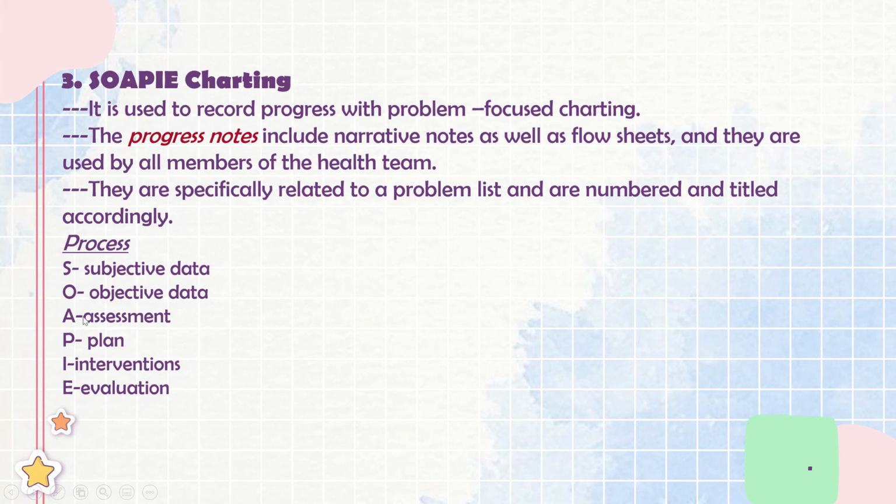Okay? Pero kung titignan nyo guys, assessment, parang included na talaga na dapat dito, di ba? Si subjective and si objective. Pero dito kasi, in this case, pinaghiwalay niya pa. Okay? Pero usually, si assessment naman, di ba? Under niya na si subjective data and si objective data.